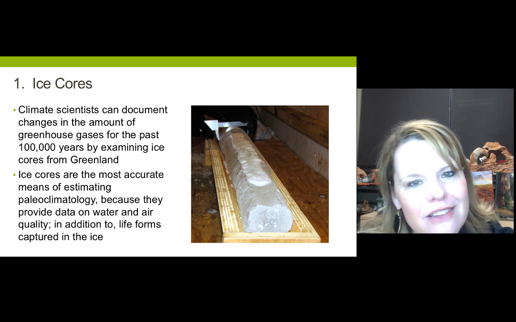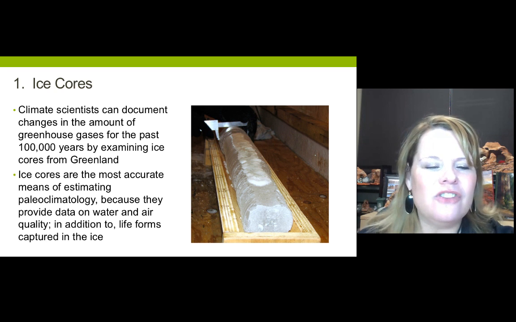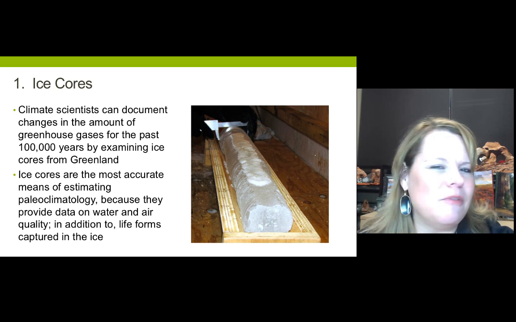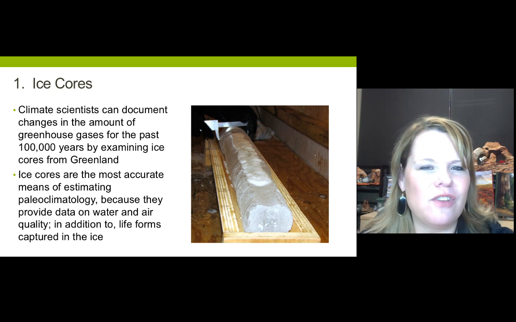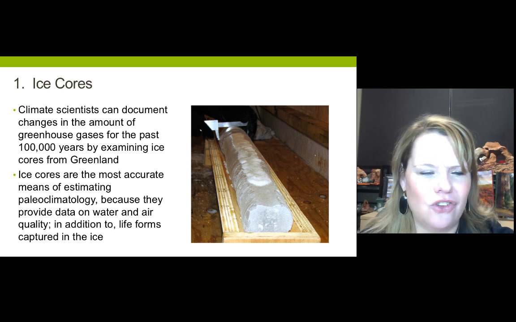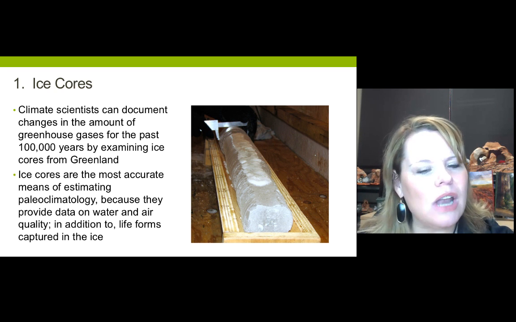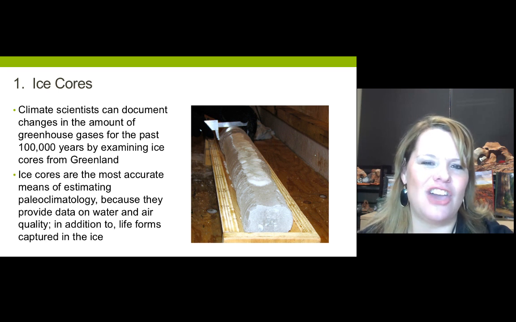Because we've not had ice that long in the northern hemisphere and the northern pole. So they'll examine ice cores from Greenland. And remember I said that most of the time they can go down to bedrock, from the surface of the ice down to the bedrock. These are very accurate for estimating paleoclimatology because they provide data of what was going on in water, on land, and even in the air.